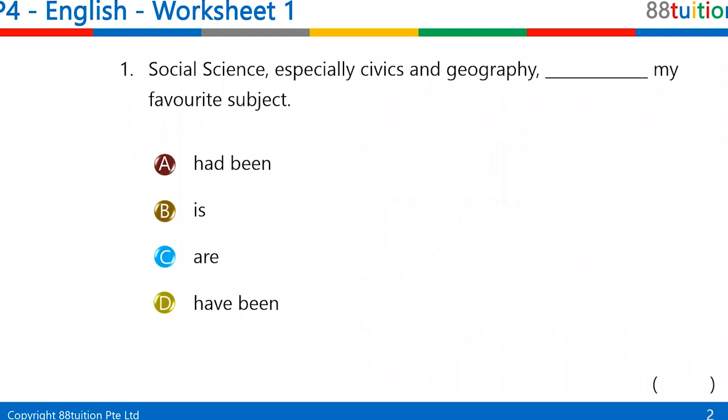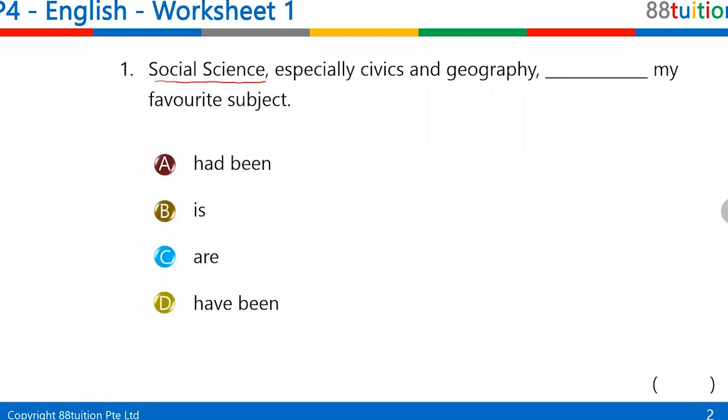Social science, especially civics and geography, blank, my favorite subject. Okay, there are a few options here. We can see the question is social science, and then especially civics and geography, there is a comma before and after.